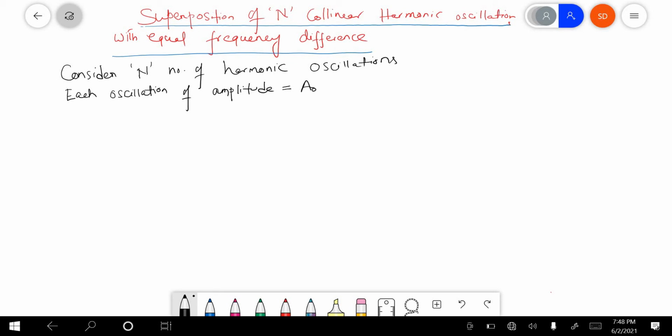And they have equal phase constant, and the angular frequencies are distributed uniformly.